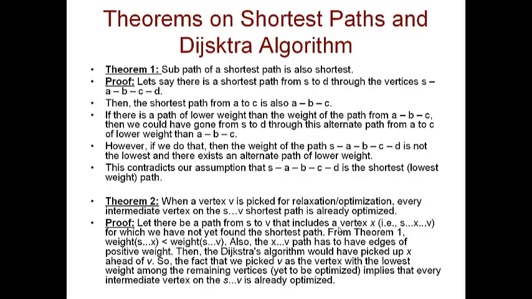So every intermediate vertex on the shortest path from S to V, if we pick up V, should have also been already picked up.